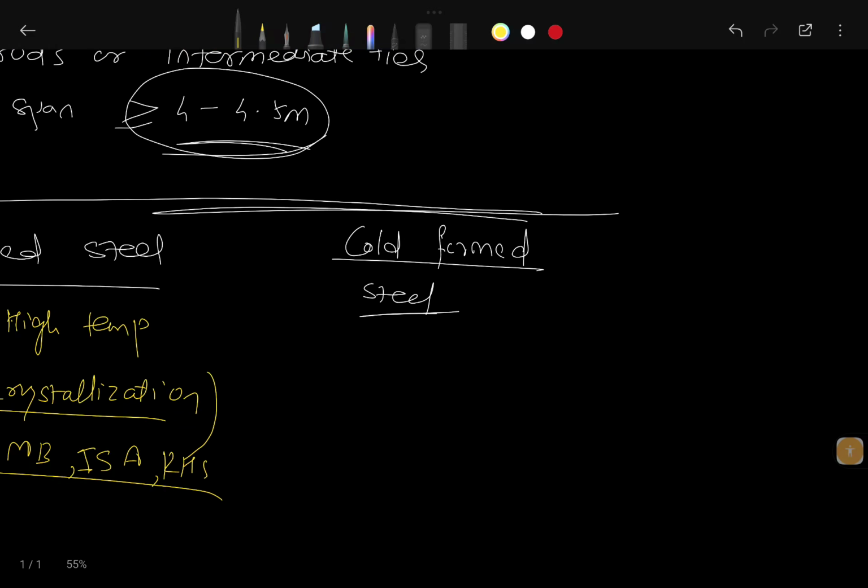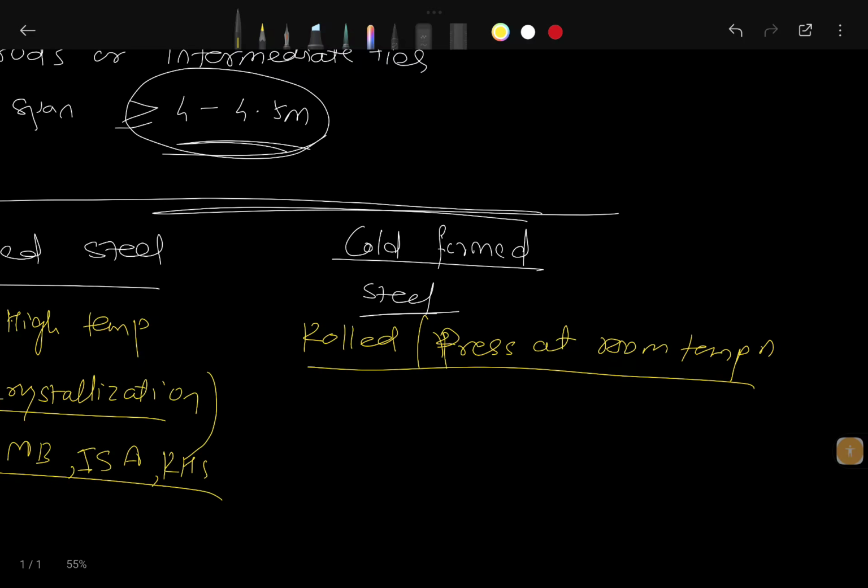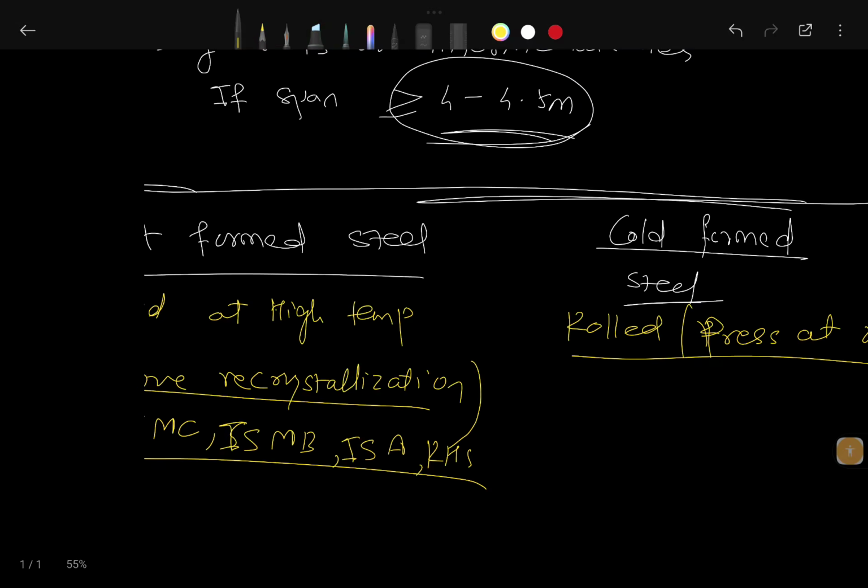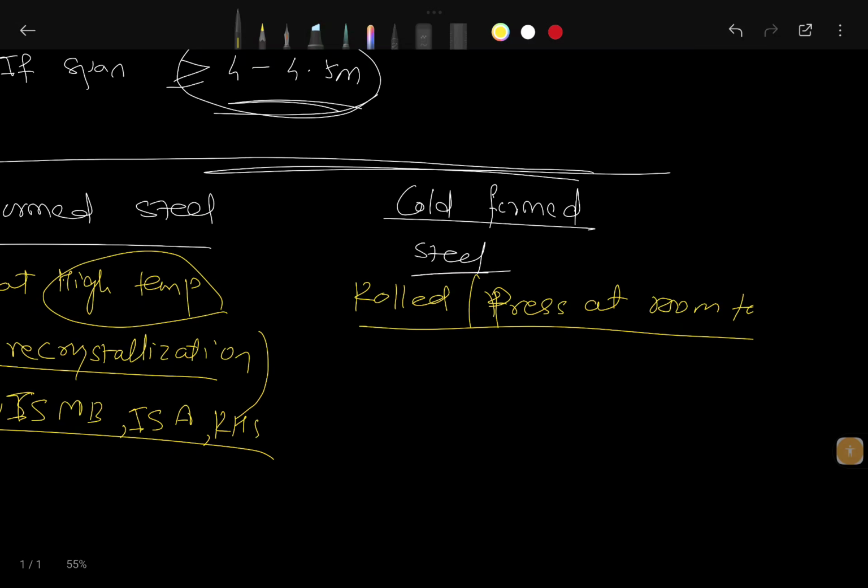And cold form members are rolled or pressed. In this we use the technique of roll or press at room temperature. In hot roll we roll at high temperature, but in cold form we roll or press at room temperature.